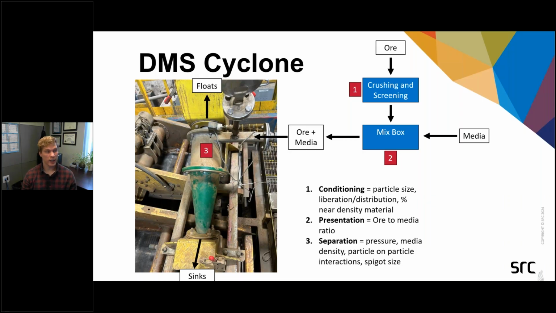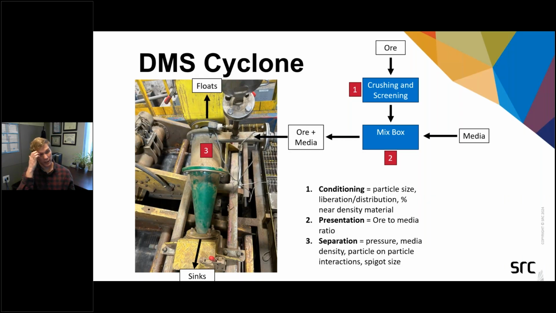And then DMS cyclone, we can break these down into stages similar to when we were doing sorting. So ore comes in, stage 1, crushing and screening. This is that conditioning. Make sure you have the right particle size, taking into consideration liberation of your gangue and liberation of your valuable mineral, and then the percentage of near density material, because that's going to make an impact on your separation. Then we'll take the ore and our circulating media.